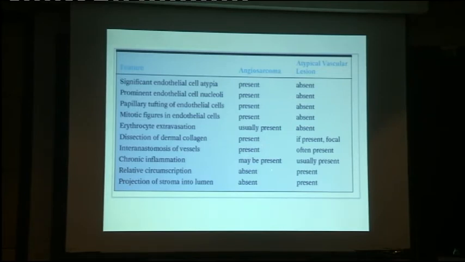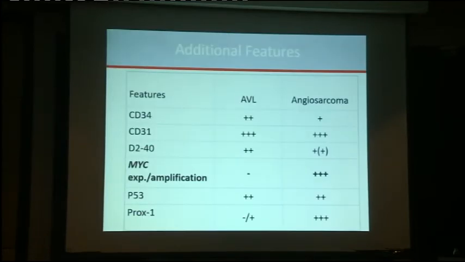Again, although all these features have been looked at and described in the literature, it is not very easy to separate these lesions, and there's a significant overlap. When we look at the markers, again, there's a significant overlap. The only marker that can be reliably used is MYC protein expression or amplification, which is very commonly seen in angiosarcomas, but atypical vascular lesions are typically negative.